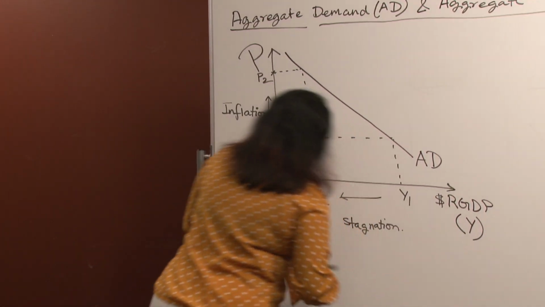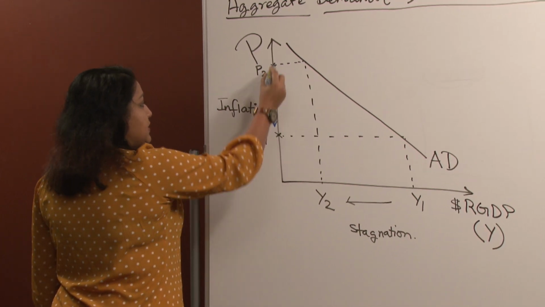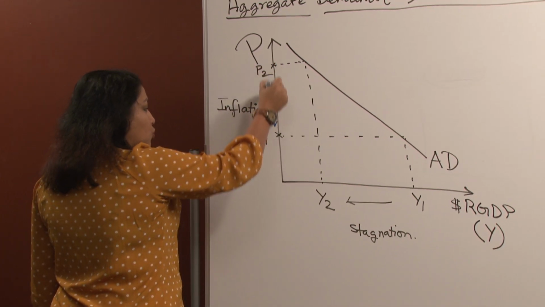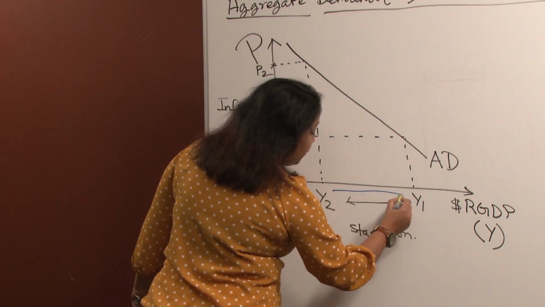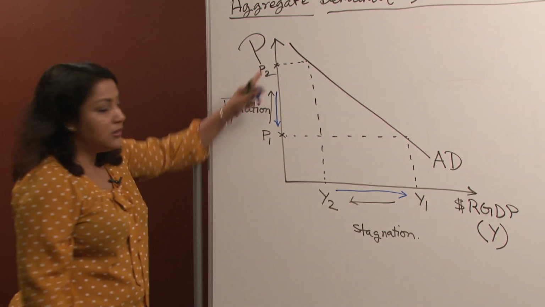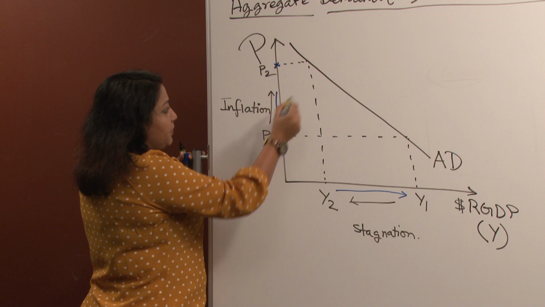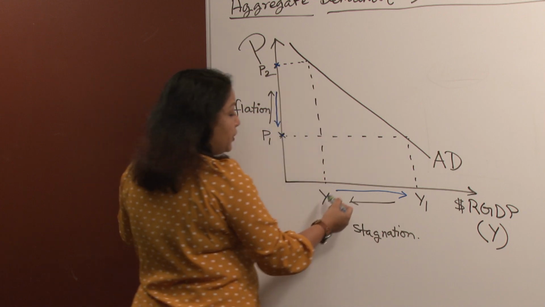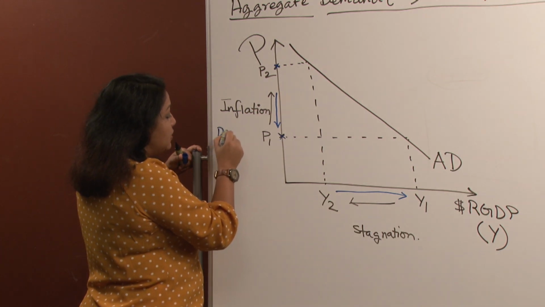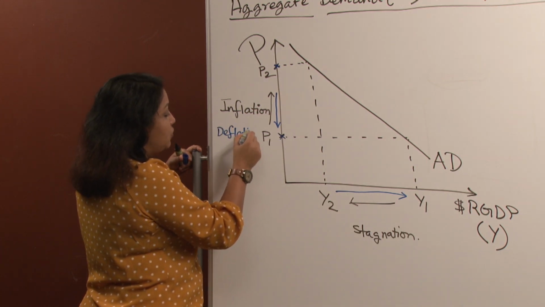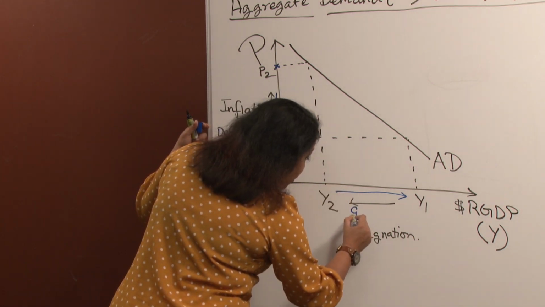Now, if we consider the opposite direction, if we said that price went down from P2 to P1, then you would see that your real GDP increases from Y2 to Y1, right. But in that case, the fall in prices would be called deflation, like we just said, and the increase in the real GDP is basically called growth.